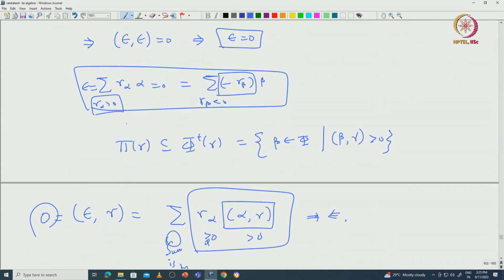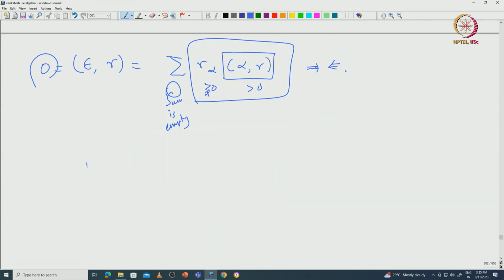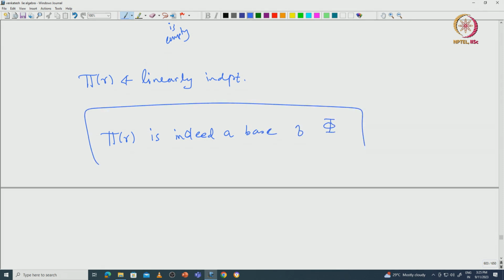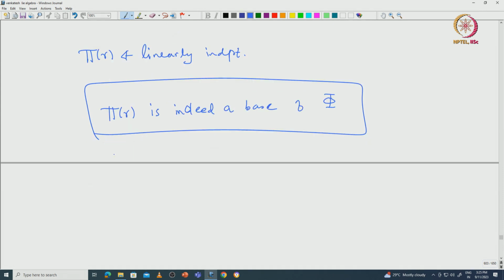So, that proves that pi of gamma must be linearly independent, and in this way we proved that pi of gamma is indeed a base of phi. We will also prove that this is the only way to get all the bases.